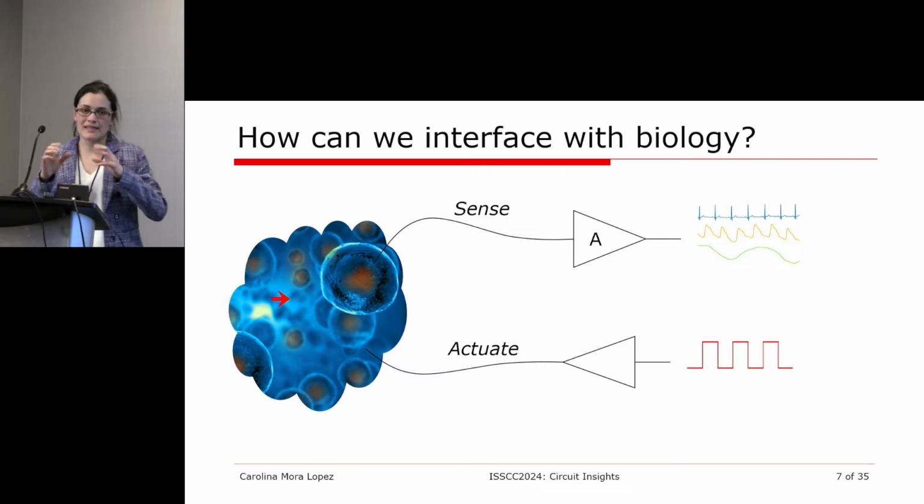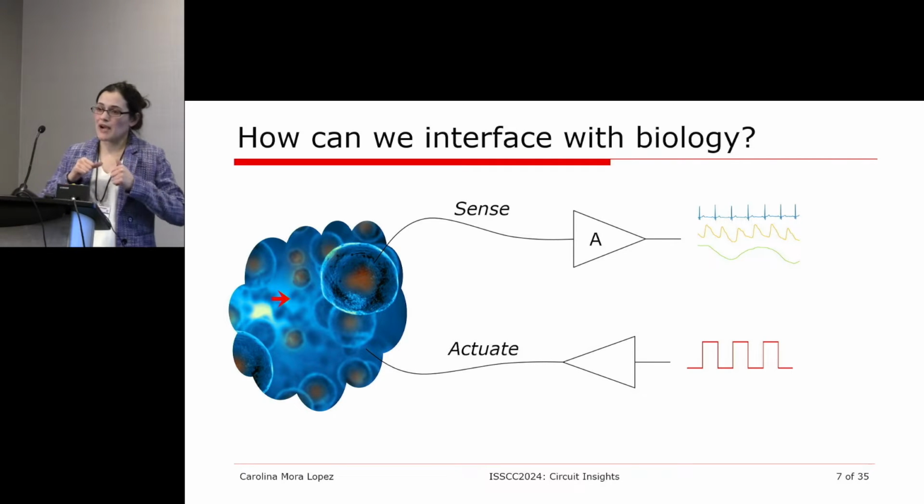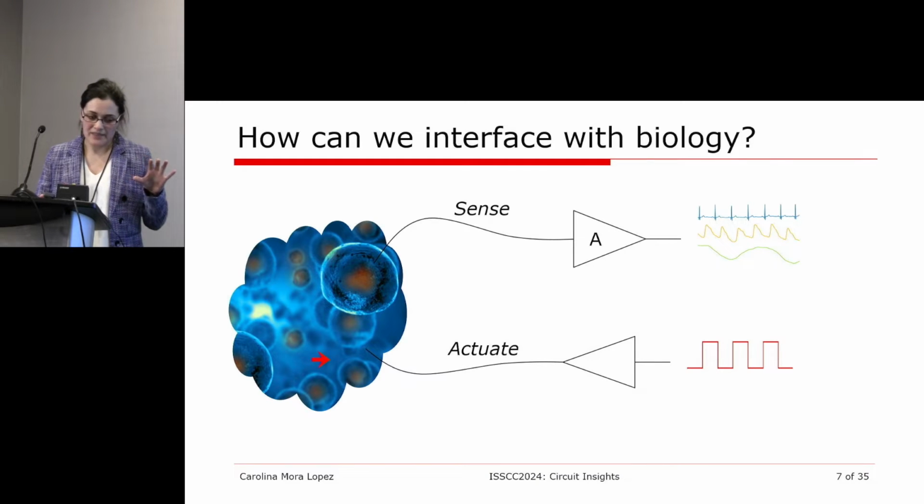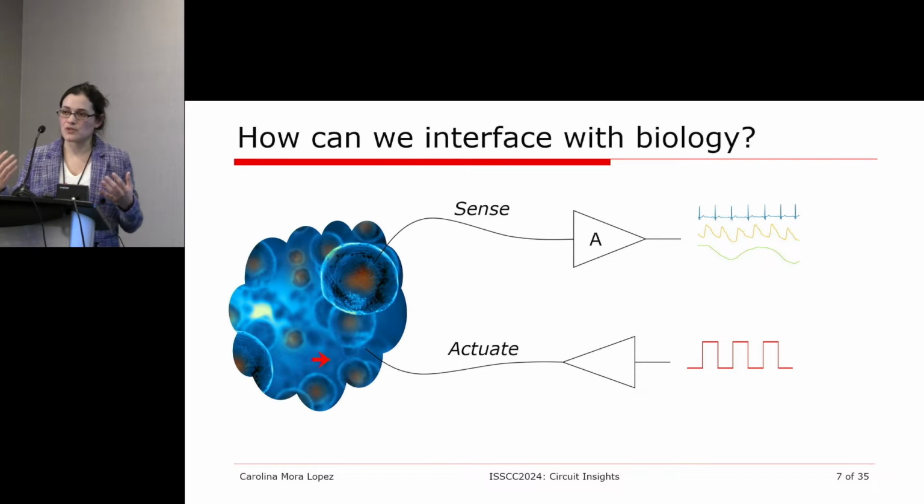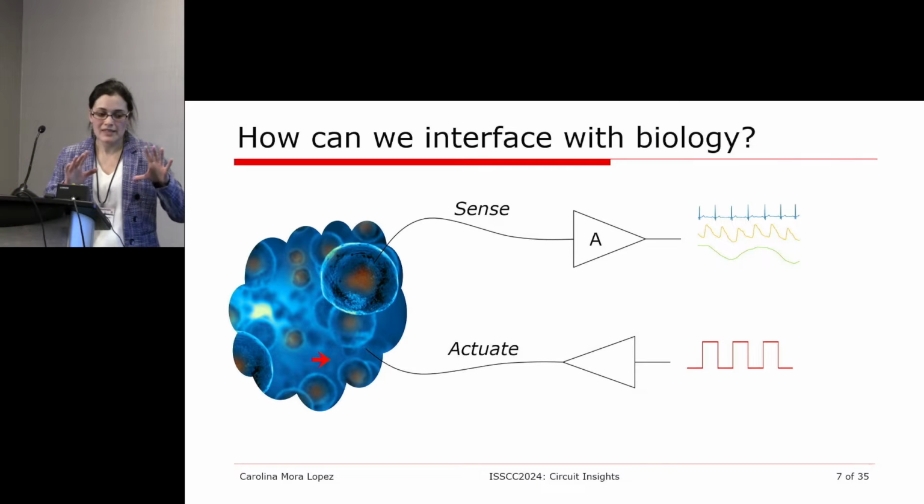That's what sensing is going to help us with. We can also actuate, or write, into this living organism. This can be done, for example, to change or modify a certain behavior or function, or even to treat a disease or an illness without the use of the most standard drug treatments. So we can use biology interfacing, or bioelectronics, for many different purposes.